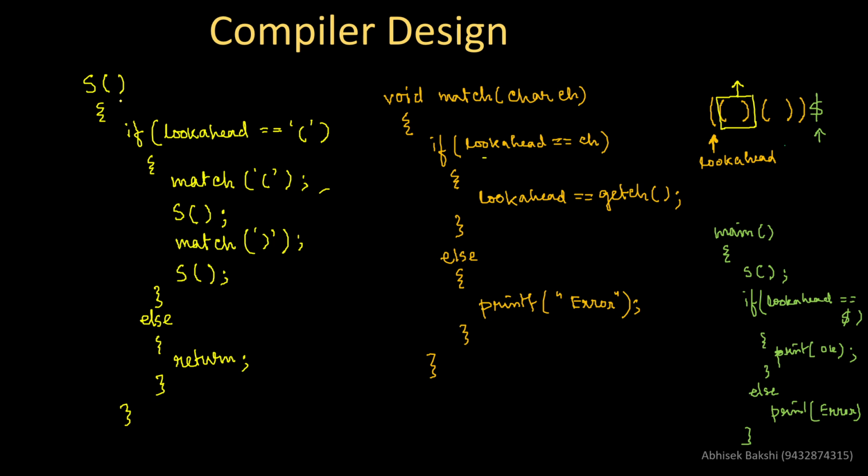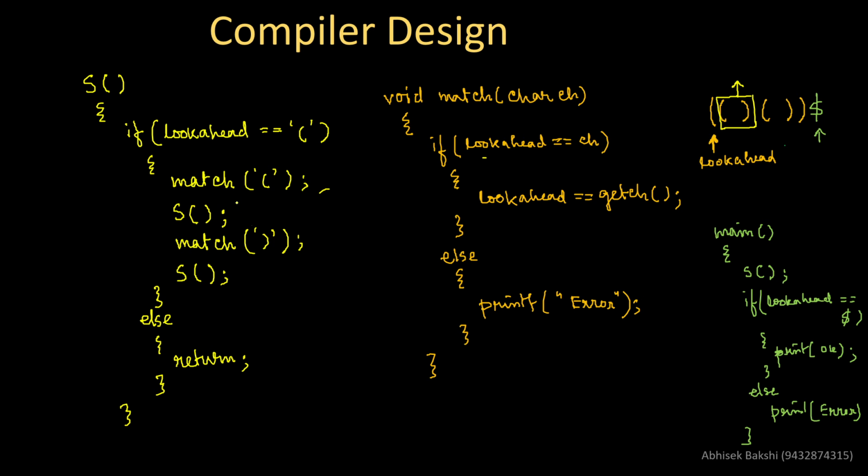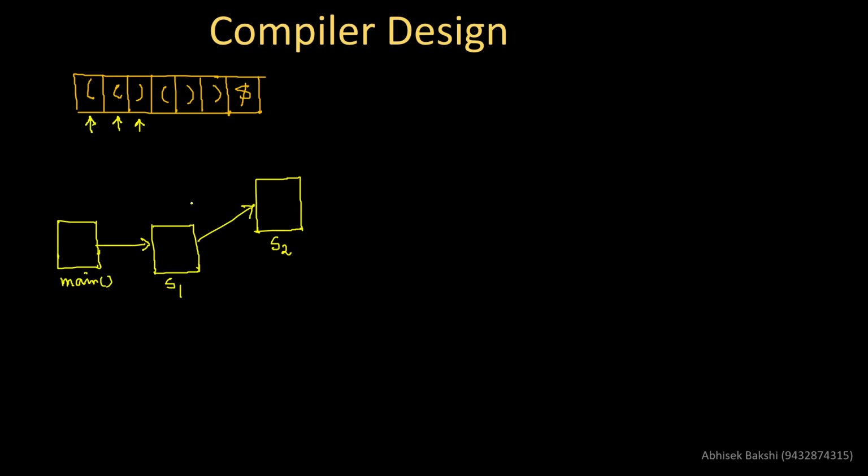So it will enter and match the character, right? And then after matching this, it will go towards right once, and then another S function will be called. So from this S function, the second clone, the third clone will get called.